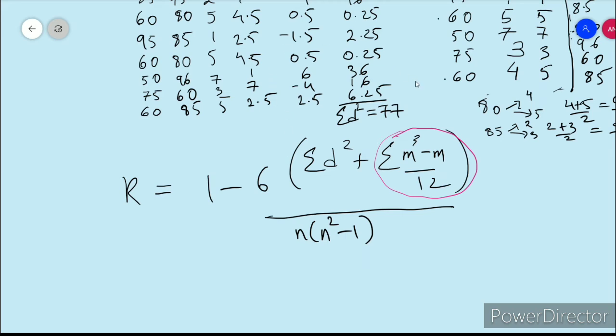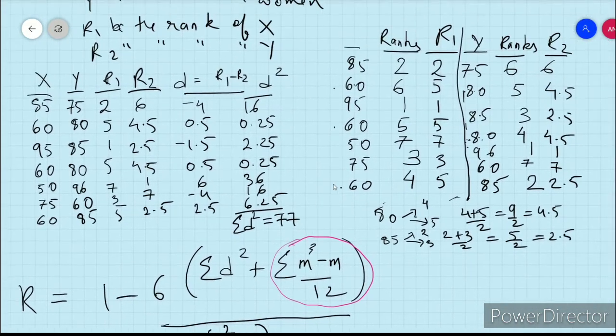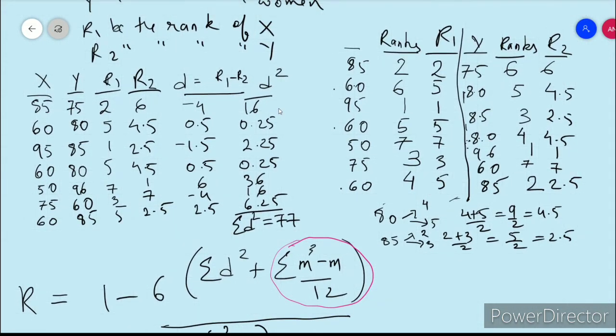So if you look at the X series, 60 was repeated. If you look at the Y series, 80 and 85 got repeated. So there are three items which got repeated more than once, or in other words we can say that there are three items with more than one ranks.